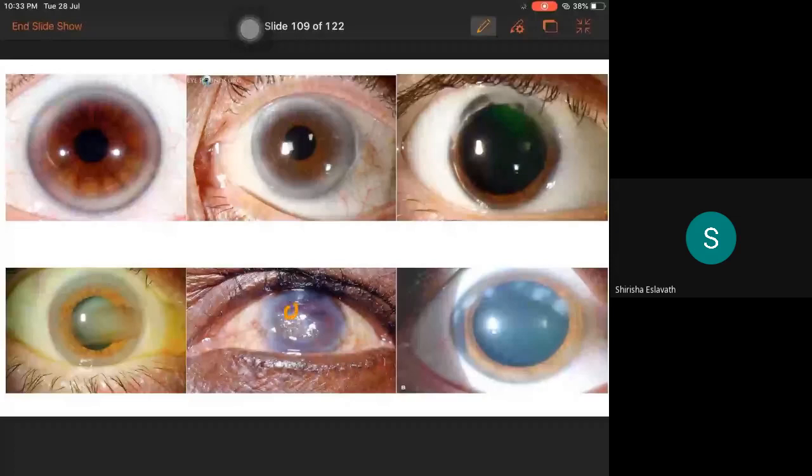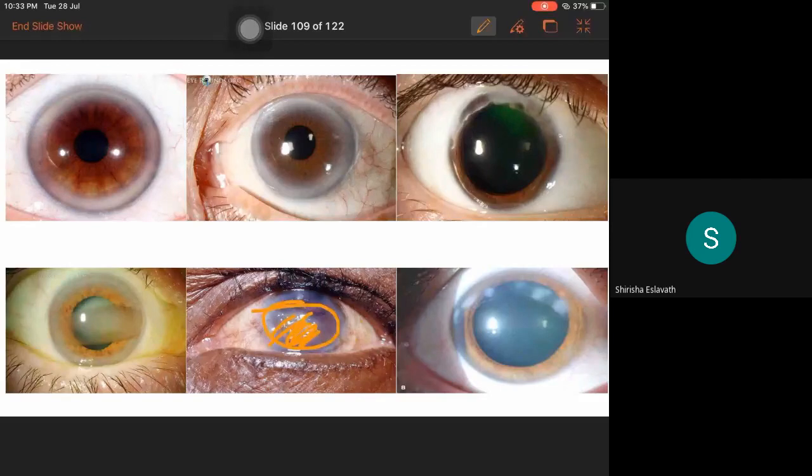These are basically actinic deposits. This will cause blurred vision. And how do you treat it? Because it's deep with an irregular surface, we do lamellar keratoplasty. We take out the part of the cornea and replace it with the same part from the donor's cornea.